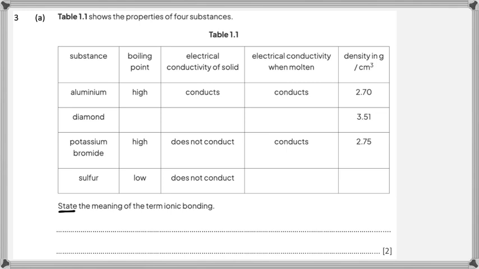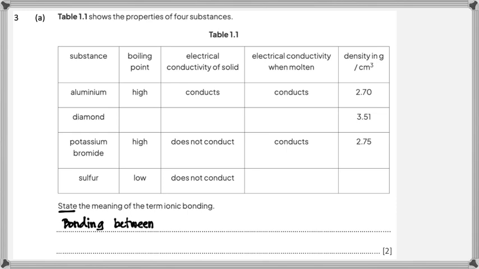Okay? Which is bonding between a positive ion. So in this positive ion, we call that metal or a cation.